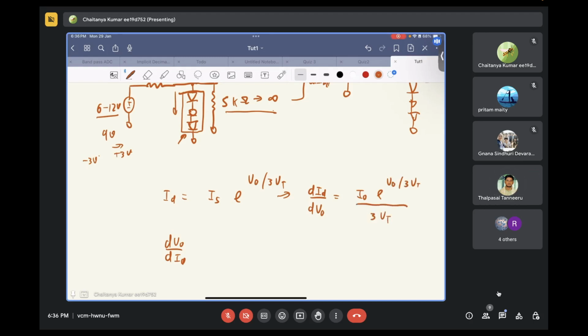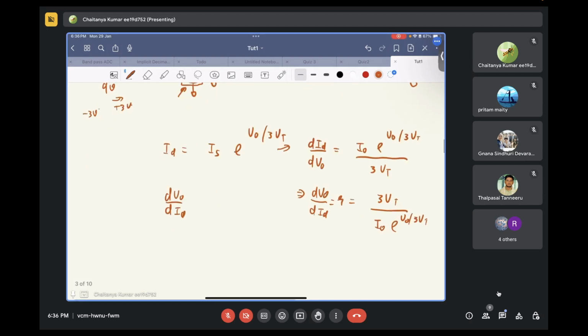Now if you reciprocate it, you get dV naught by dId, which is the incremental resistance of this complete series combination, equal to 3 Vt divided by Is times e to the power V naught by 3 Vt. Correct? Okay. Sorry, this is Is.